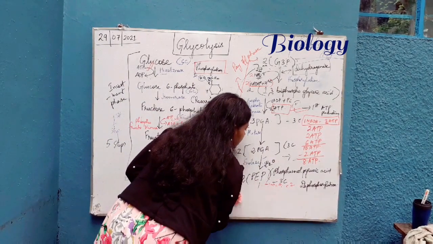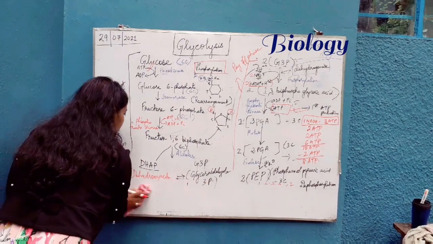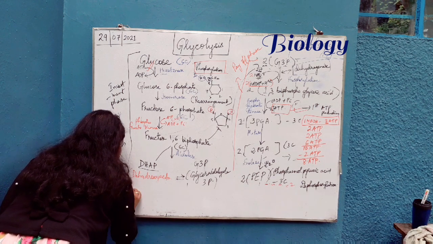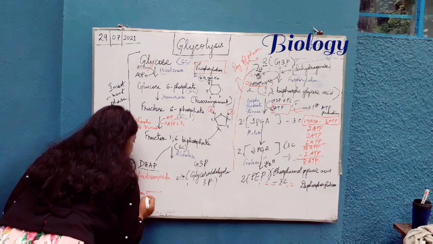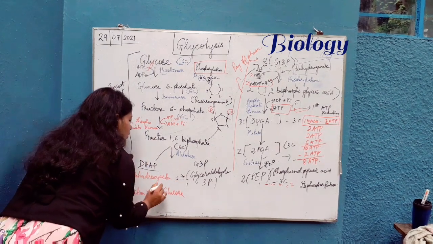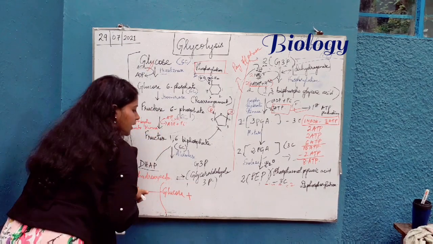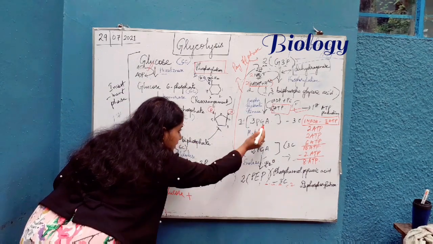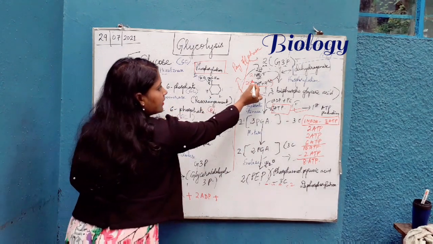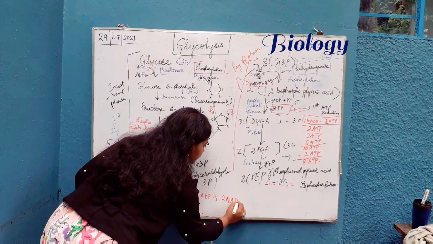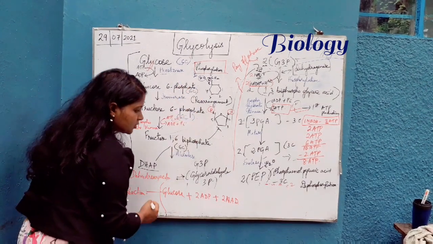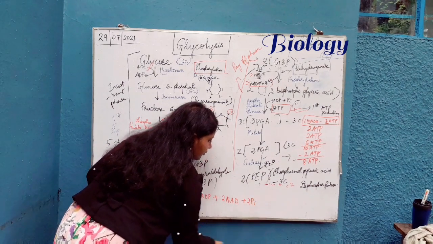Now, finally, the overall reaction in glycolysis process is that glucose is taken and 2 ADP has been utilized here, and then 2 NAD has also been utilized, and also inorganic phosphate, that is phosphate has been added in the phosphorylation process, 2 processes, so 2 inorganic phosphate.